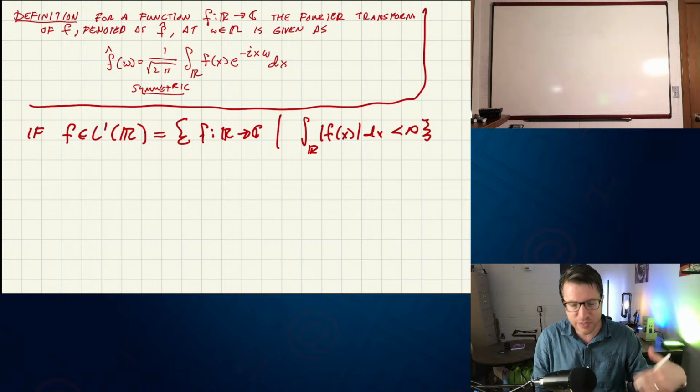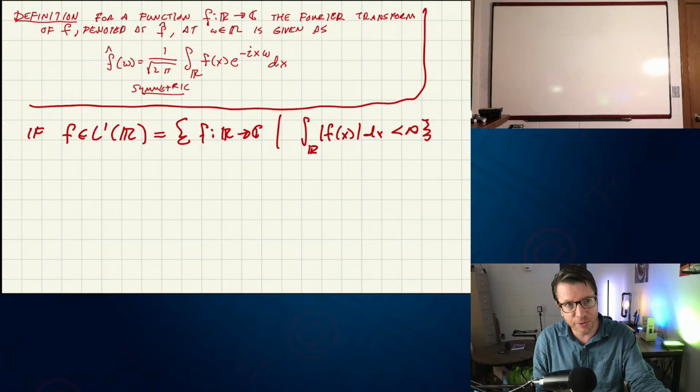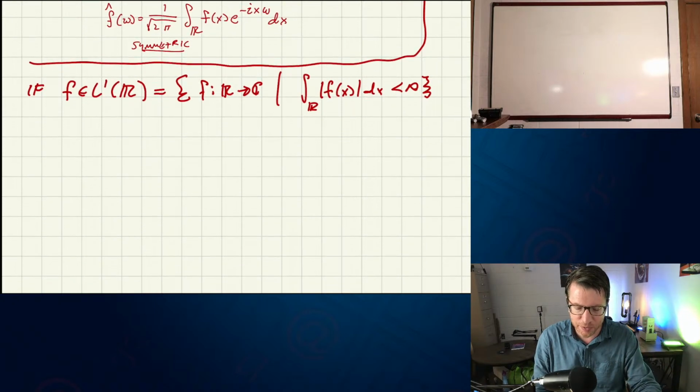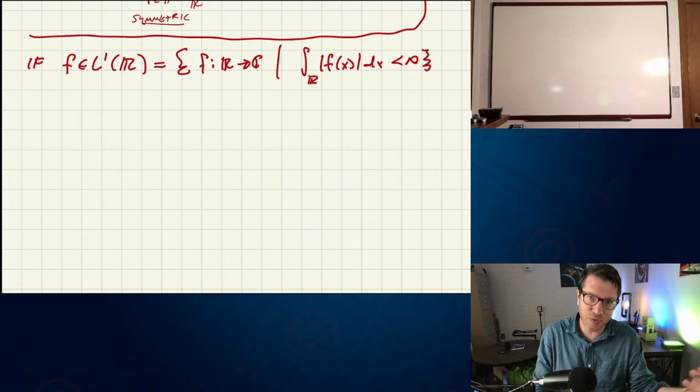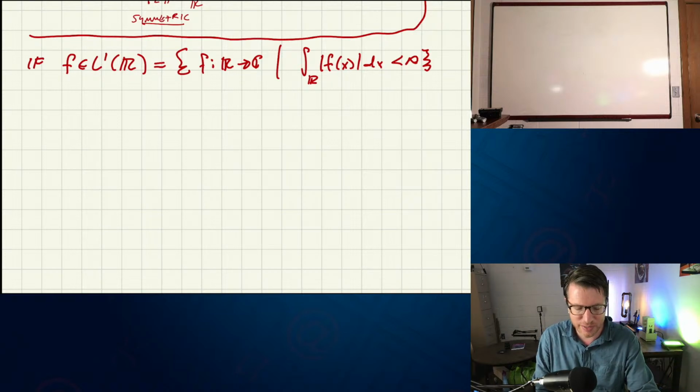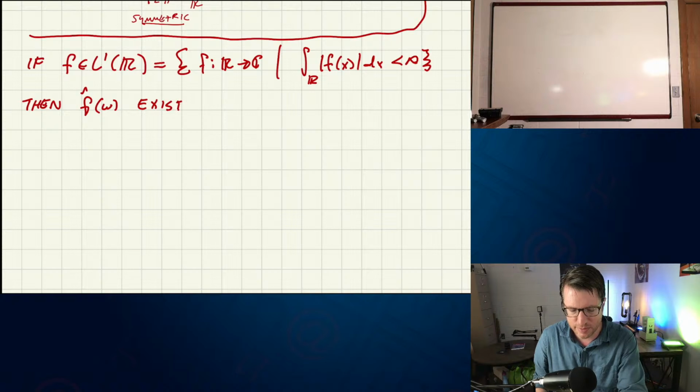These are functions that are absolutely integrable, and if you have an absolutely integrable function, then you have a Fourier transform at every point. So f hat at omega exists for all omega in R.